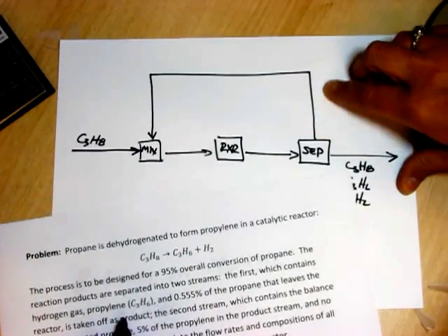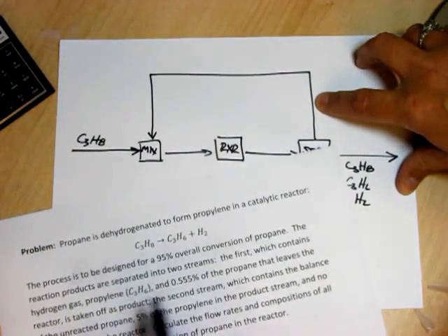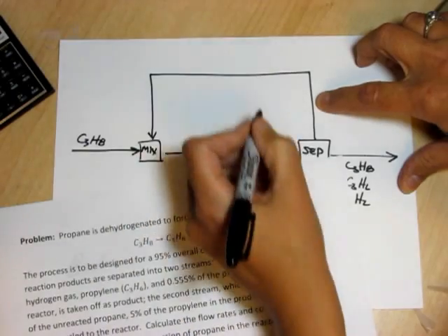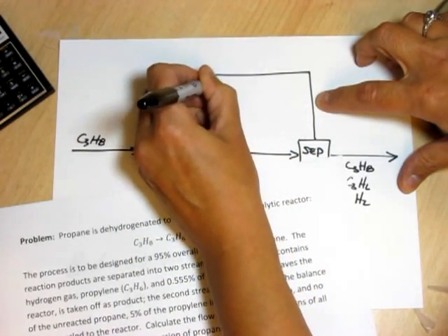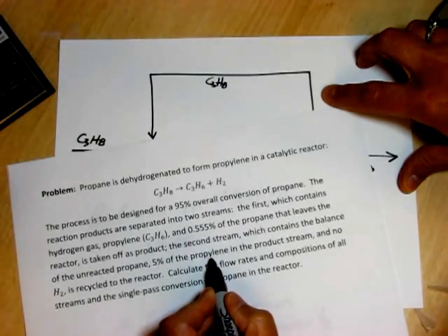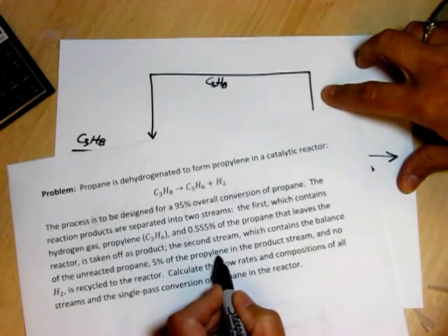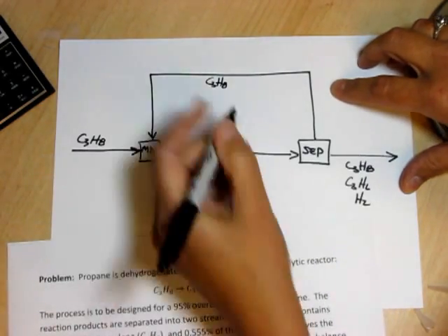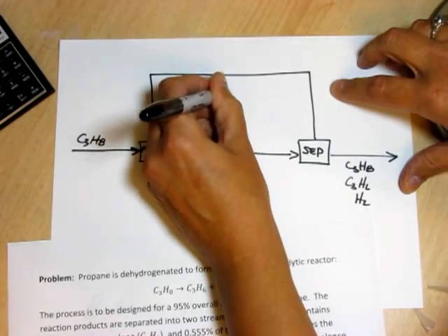The second stream, that's the one leaving the separator here, contains the balance of the unreacted propane and 5% of the propylene in the product stream and no hydrogen. So this has C3H6 as well.